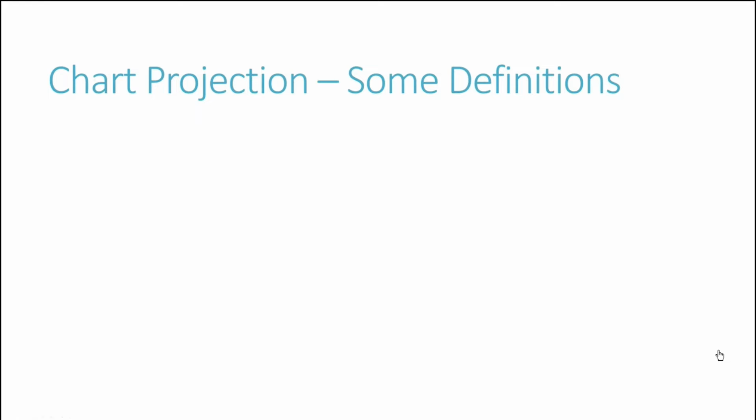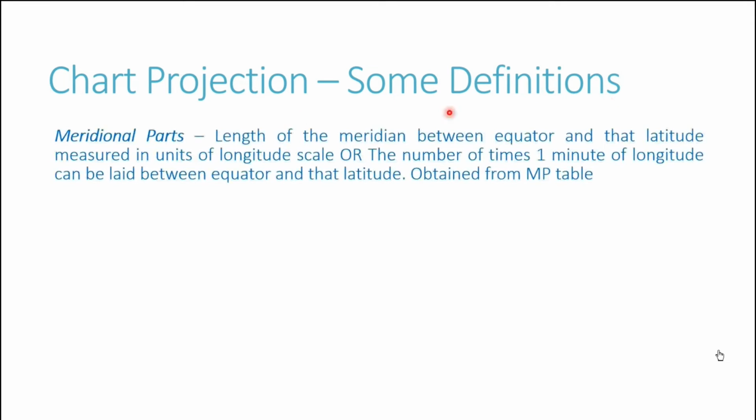Now, before we go into the numerical, let's first understand some of the basic definitions. They really help us in understanding the concepts as well as in the numerical also. The first definition which we have is the definition of meridional parts, in short also known as MP. So what are these meridional parts?